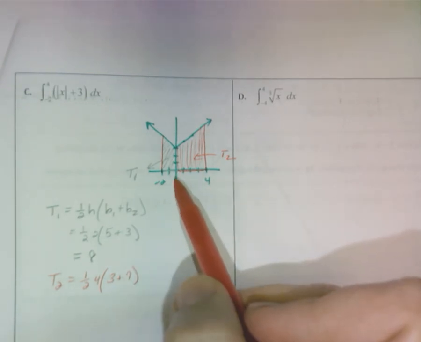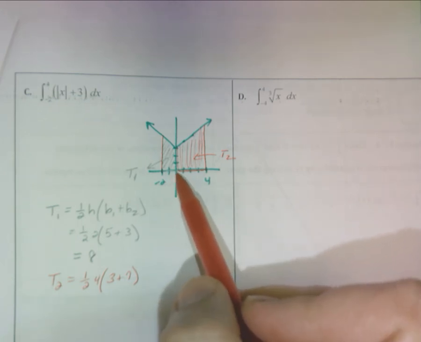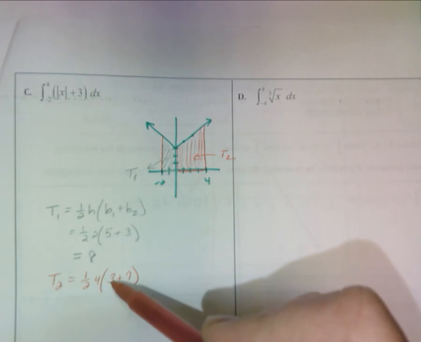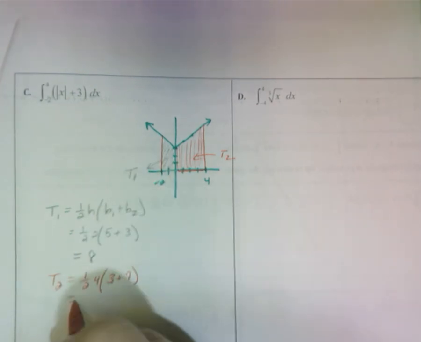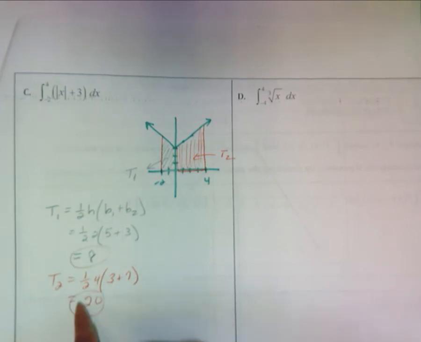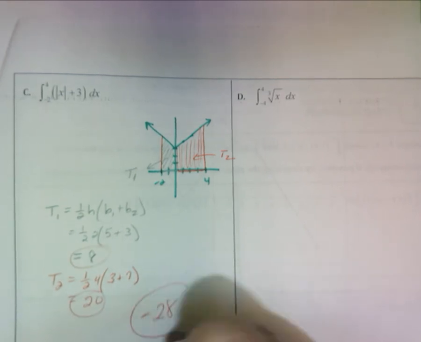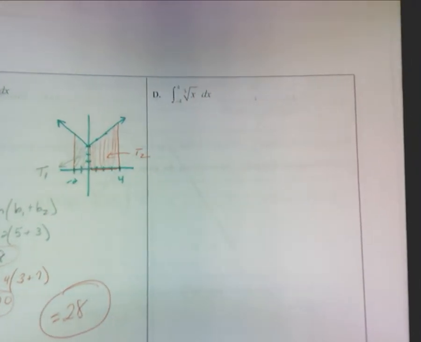And again, how am I getting that? What I'm doing is I'm just plugging 0 in right here. 0 plus 3 is 3, that's its height. 4 plus 3 is 7. And you get 20. And then just add these two together. 28.